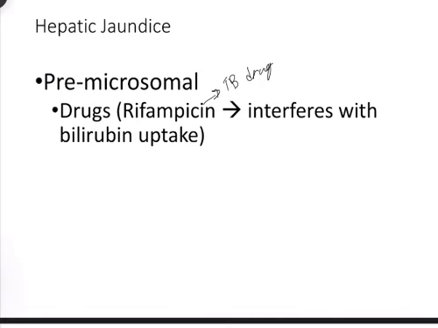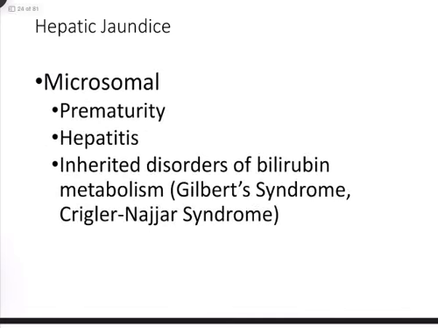Next is your microsomal. This correlates with prematurity, hepatitis, and inherited disorders of bilirubin metabolism such as Gilbert syndrome and Crigler-Najjar syndrome. So when you say microsomal, the defect is found within the hepatocyte, within the liver.